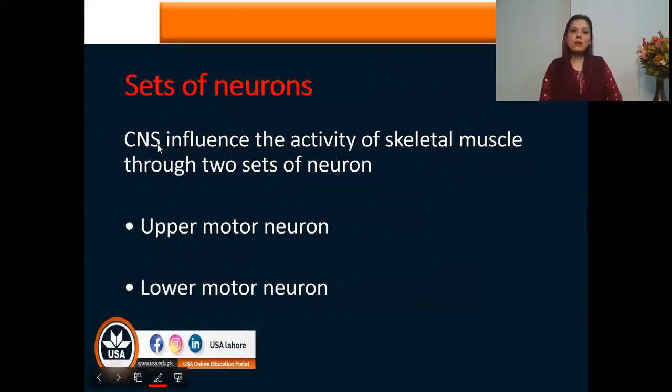Let me tell you about the sets of neurons. This is from your anatomy and physiology: what the upper motor neuron is and what its signs and symptoms are. I'm going to revise them so that we may move forward. As you know, the central nervous system influences the activity of skeletal muscles through two sorts of neurons: upper motor neurons and lower motor neurons.